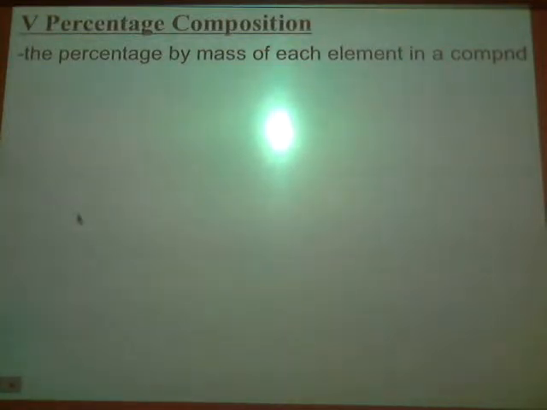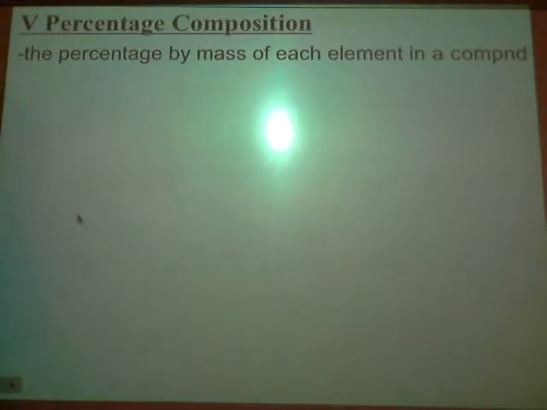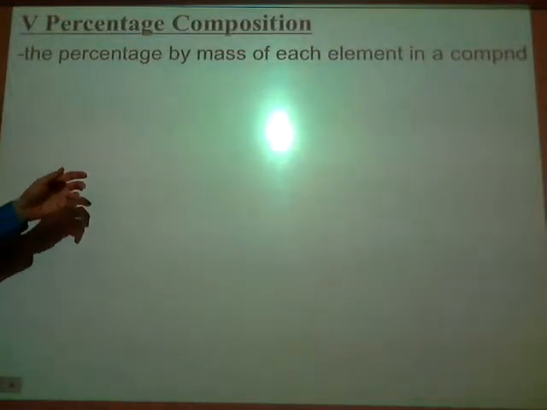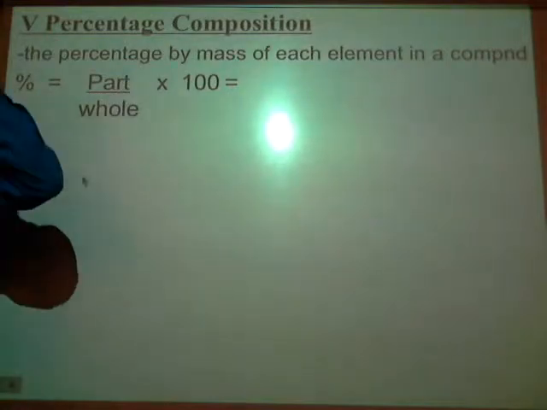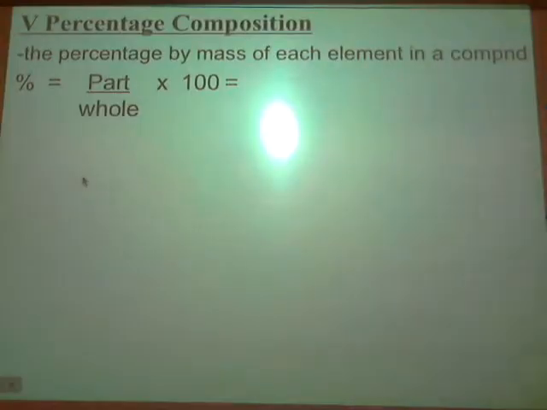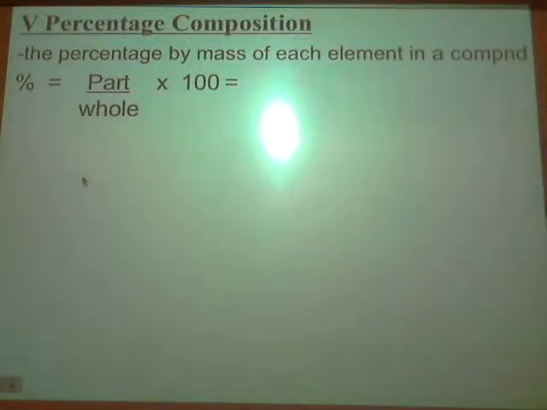If you want to get the percentage of garbage in a garbage can, or the percentage of people in a class, girls versus boys, it's the same formula. Part over the whole times 100. The part that you're trying to get the percentage of, divided by the total amount or mass, and then multiply by 100%.